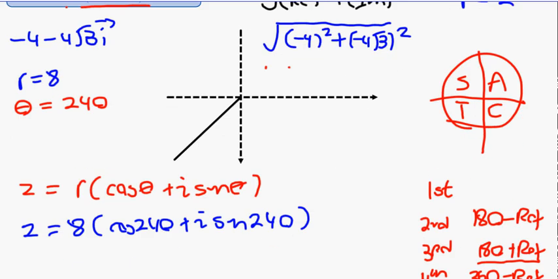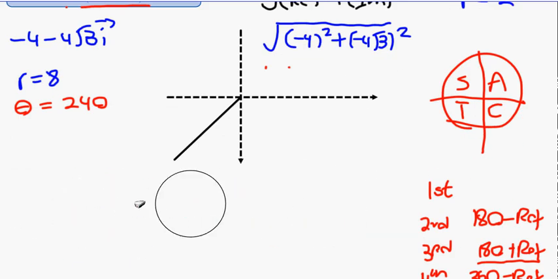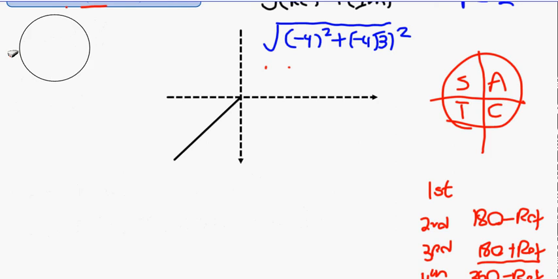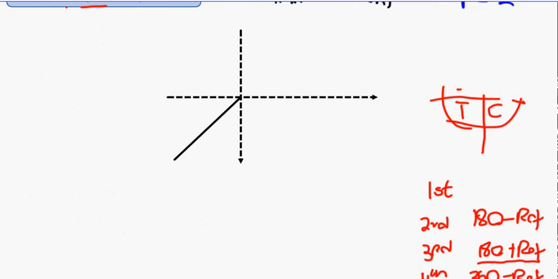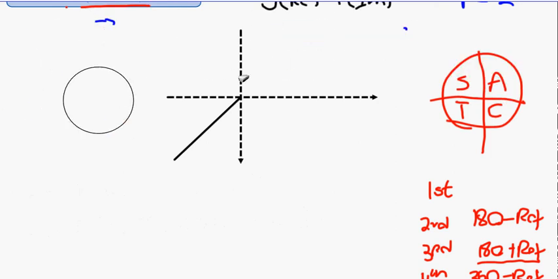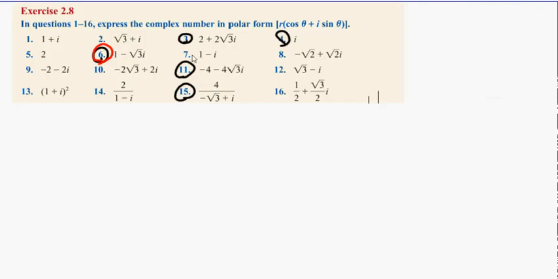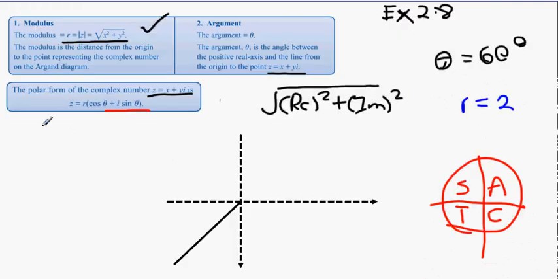Now once we've done number 11, we're going to try number 15. So let's have a look at number 15 now. Number 15 is 4 over minus root 3 plus i.